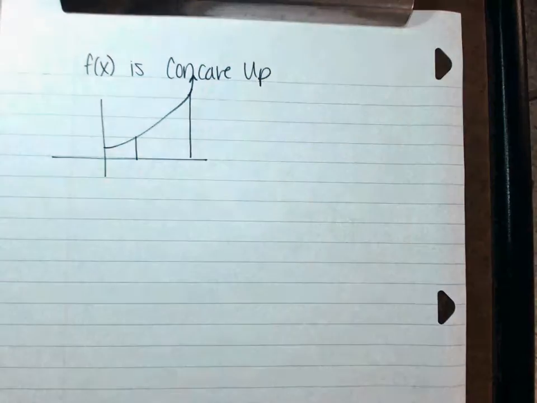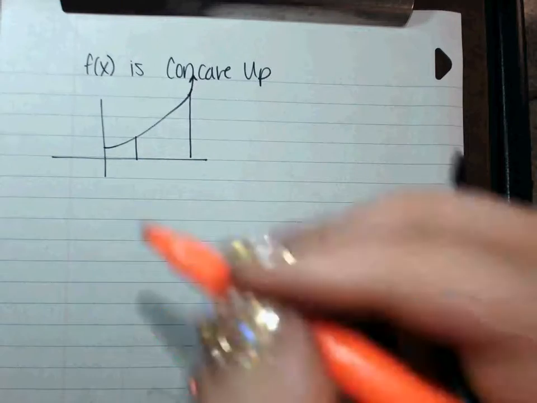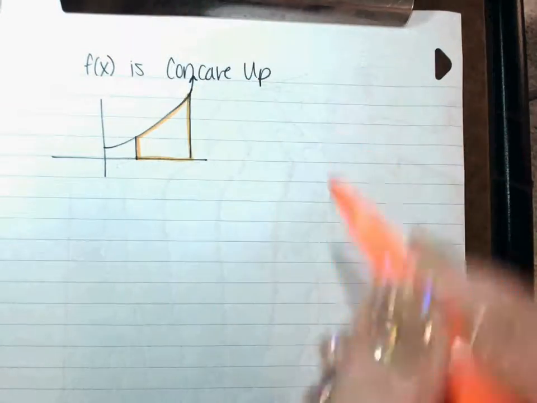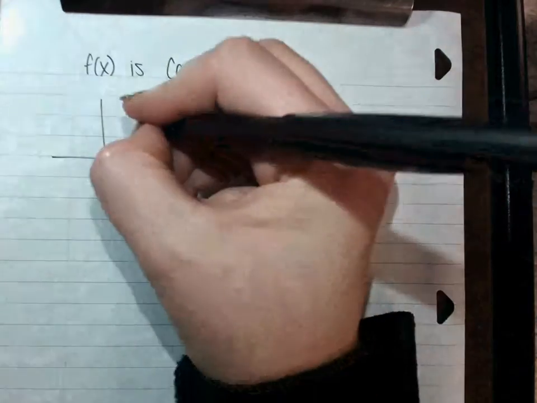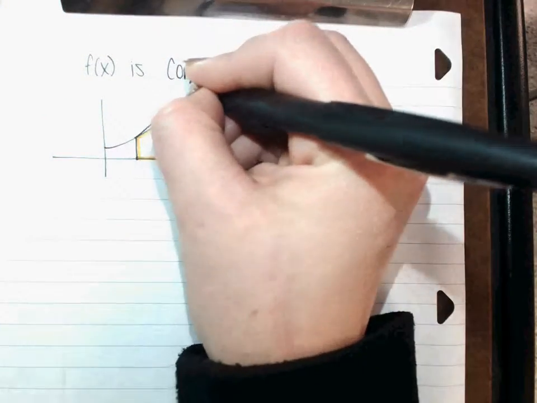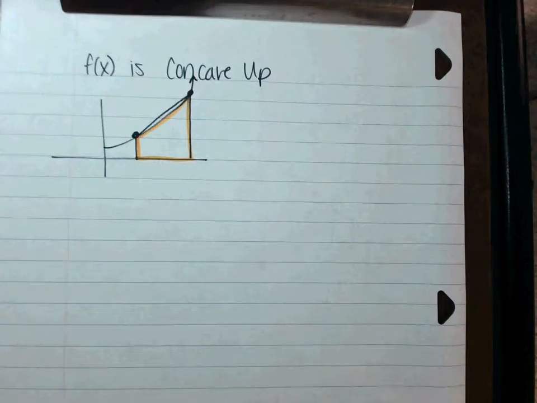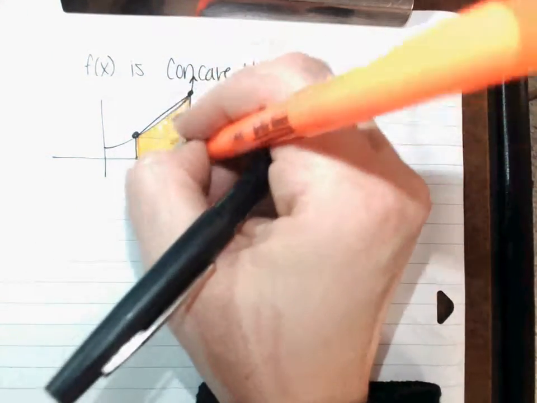And I'm just going to do one huge trapezoid so I don't have to do a bunch of little ones. My exact area is right here, right? If I draw in a trapezoid to estimate that area, how does the area of that trapezoid compare to the exact area? Too big or too small? My trapezoid is too big.